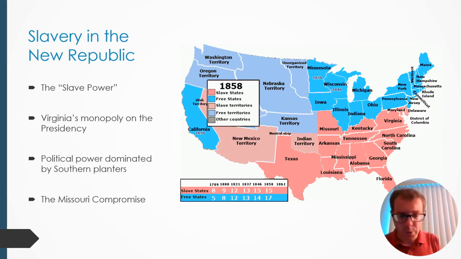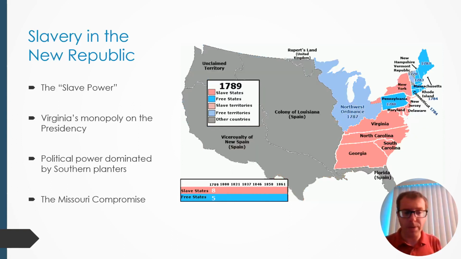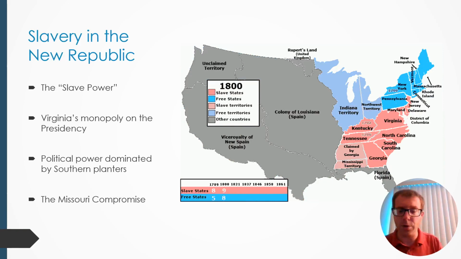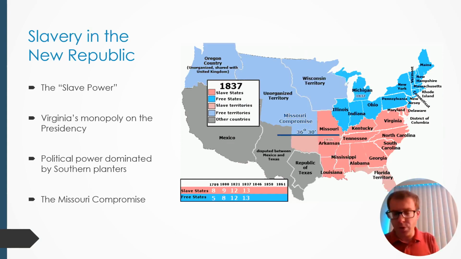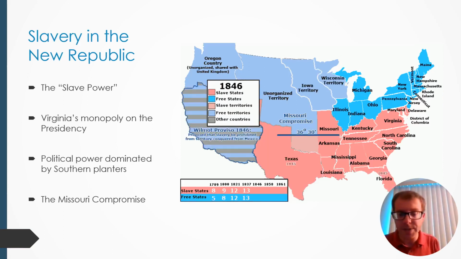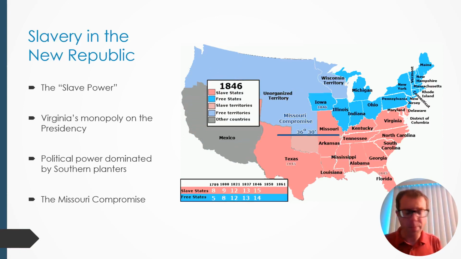So the first and obvious point is that pro-slavery politicians controlled the presidency for the vast majority of the early republic. And this is very obvious: our first 5 presidents in the United States were all from Virginia and were all pro-slavery politicians and plantation owners, with the exception of John Adams, who only served 1 term.